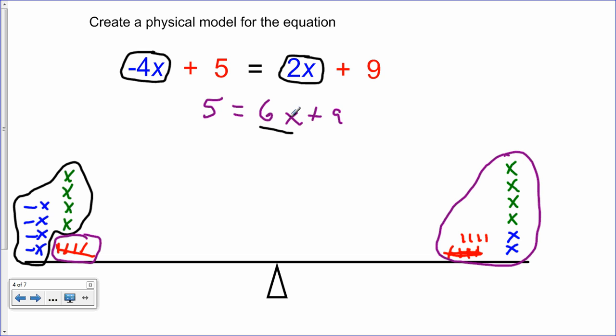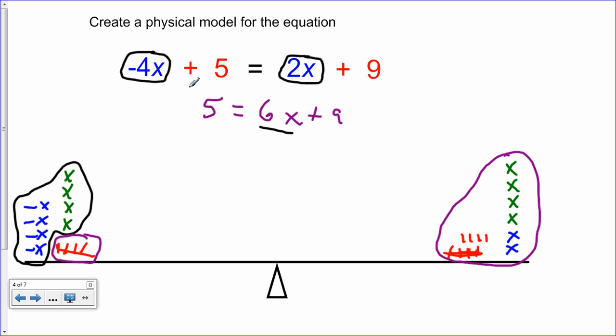So it's like we have 6 extra x's on the right side of the equation, because the 2x is 6 more than the negative 4x. You can look at it that way. It's the simplest way to look at it. Traditionalists have you add 4x to both sides, which is essentially what you're doing, but that leads to a lot of mistakes that I've seen. So I'm going to avoid that.